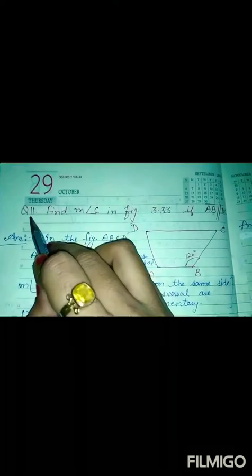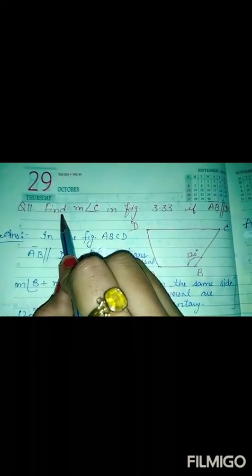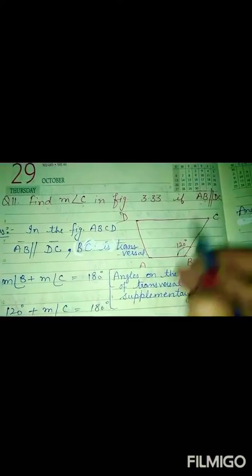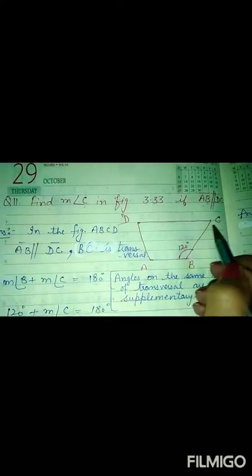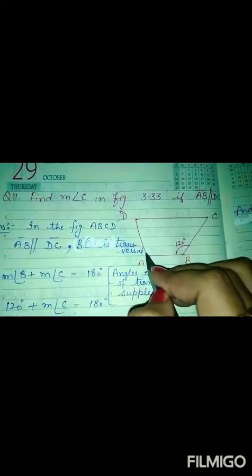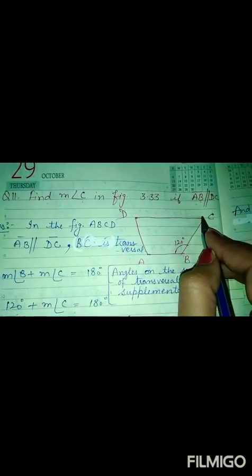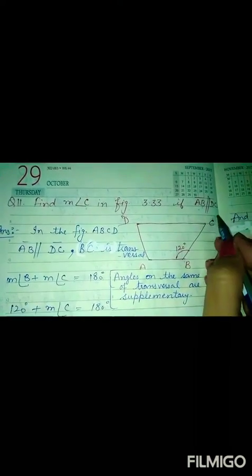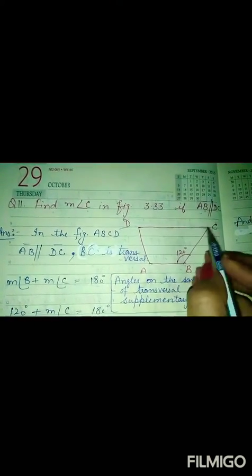Next question is similar. Question number 11. Here we have to find the measure of angle C in the given figure, where it is given that AB is parallel to DC. Find measure of angle C in the figure if AB is parallel to DC. Now AB is parallel to DC is given. Then what is the rule? According to the rule, these two lines are parallel and BC is transversal.